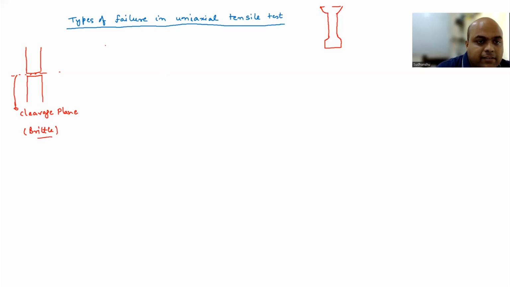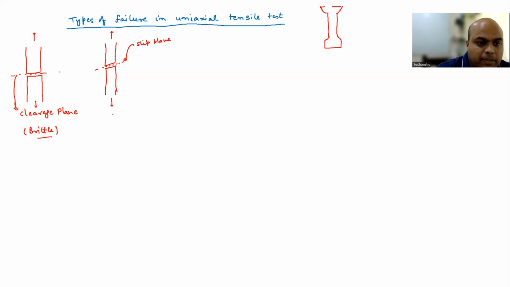Now the second case can be something like this. Remember, this session we are talking about failures under uniaxial tension. And these planes where you are going to see a slip are slip planes.